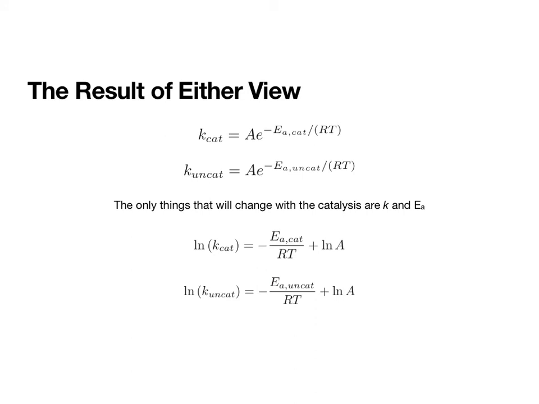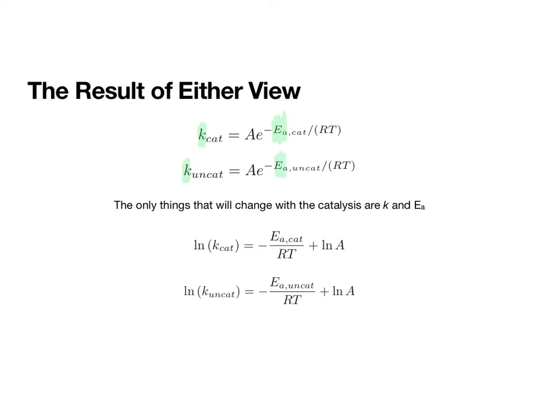So what does this look like mathematically? Well, it turns out that the only things that are changing are this rate constant and this activation energy, assuming that we're keeping the temperature constant.